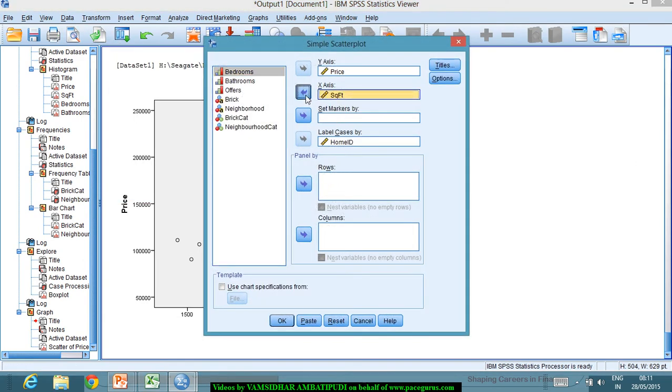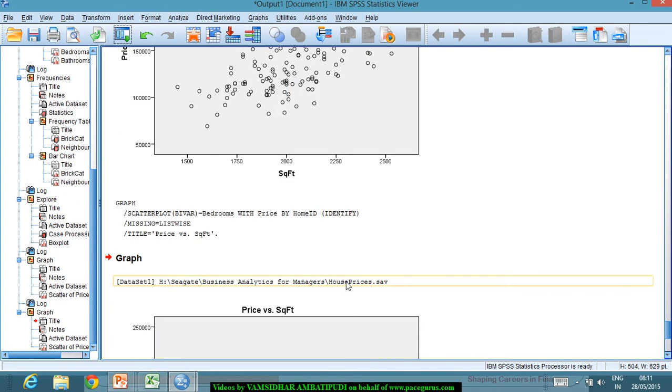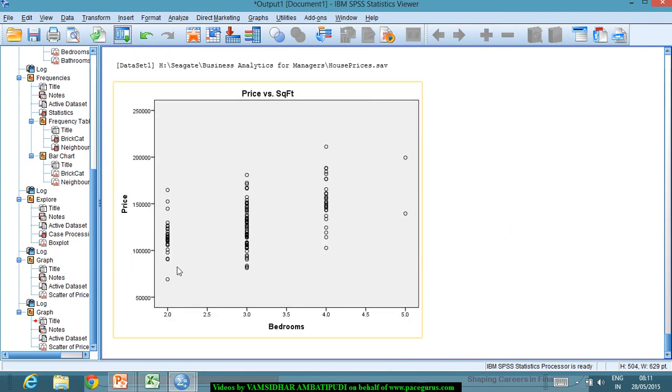Now the same thing I can think of doing for the others. Probably I may think of doing it with respect to price and, let's say, bedrooms. But it may not make much sense. Some kind of upward slope is still seen, but for a house with 5 bedrooms, one is available at a much smaller price whereas the other got sold at a much higher price. With a discrete set of values, it becomes very difficult to understand the pattern.